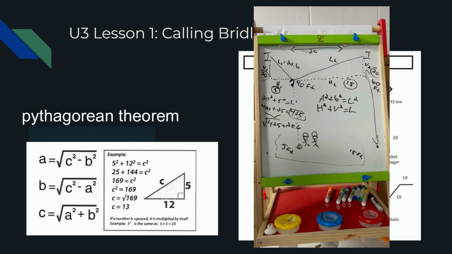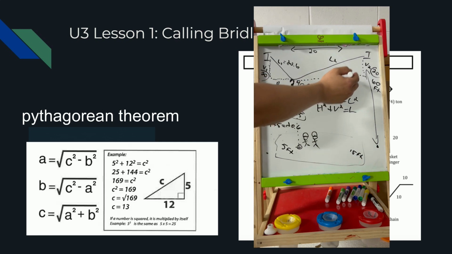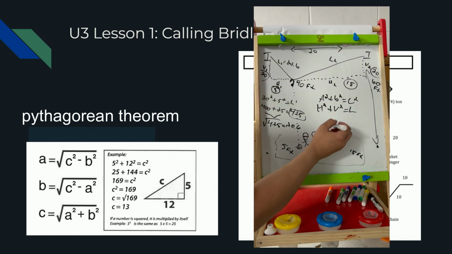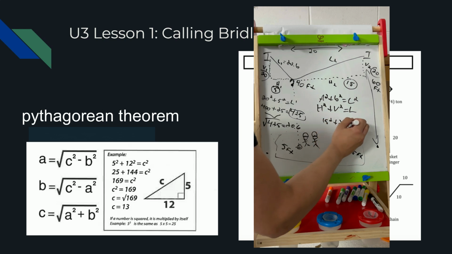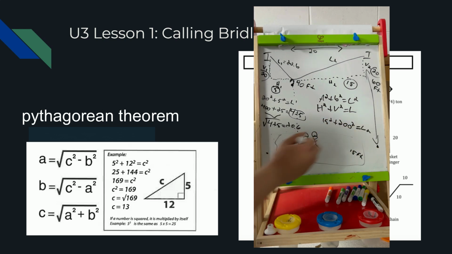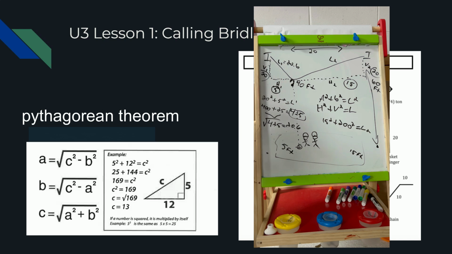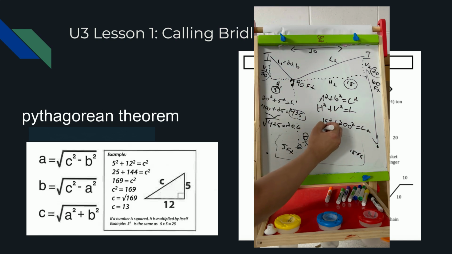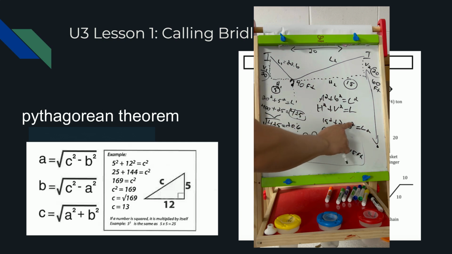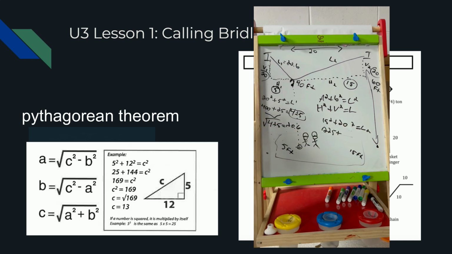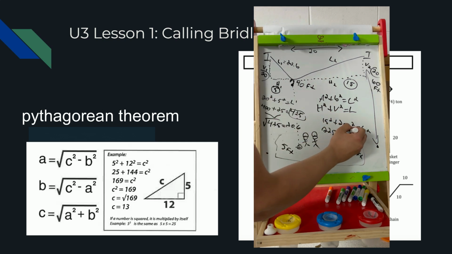Now let's look at the other side, just to do the quick math. If H2 is 15 and V2 is 20, that is 15 squared plus 20 squared equals L2. So 15 squared is 225, plus 20 squared is 400, right?